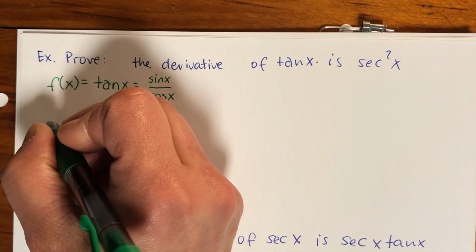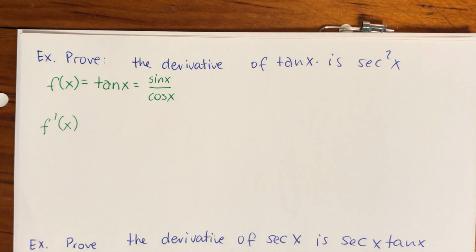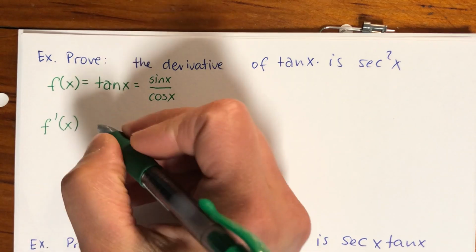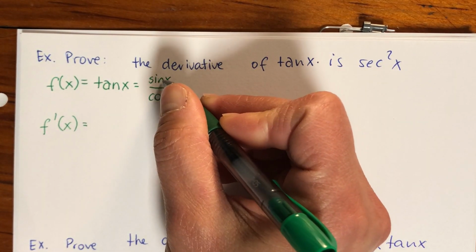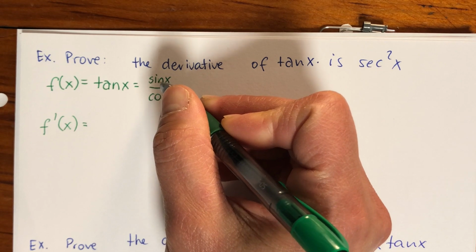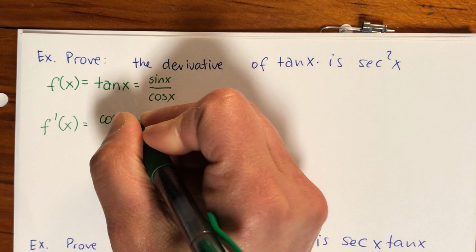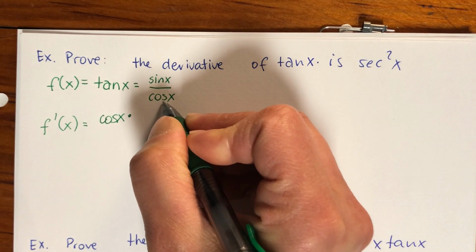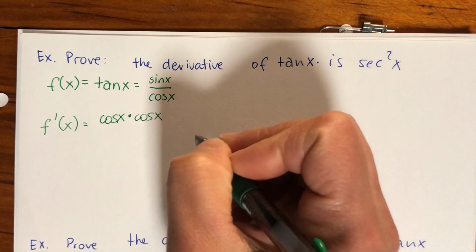So now if I want to find the derivative of this, it is the derivative of the division, a quotient. So I am going to find the derivative of this function, which we just proved is equivalent to cosine. I'm going to multiply it by the other function, which is cosine.